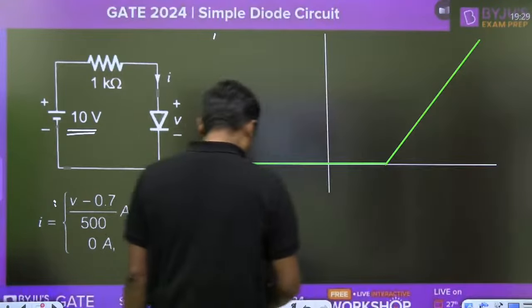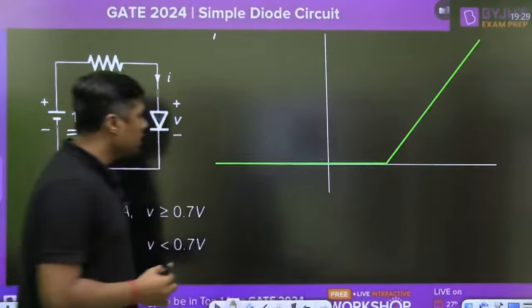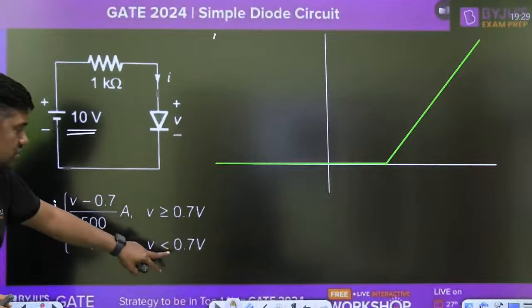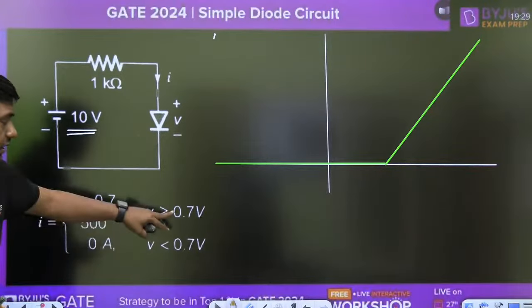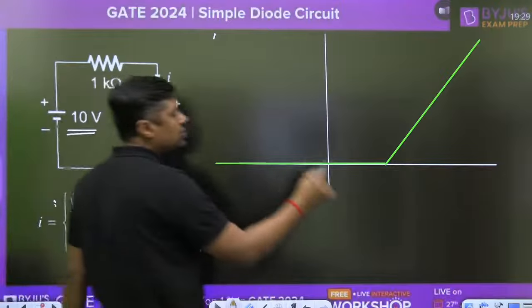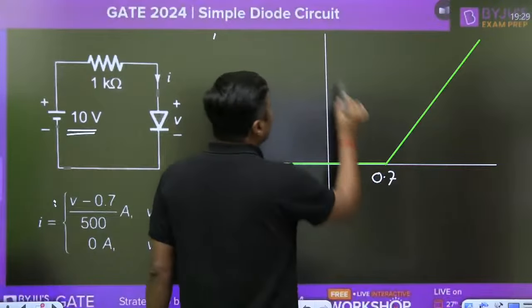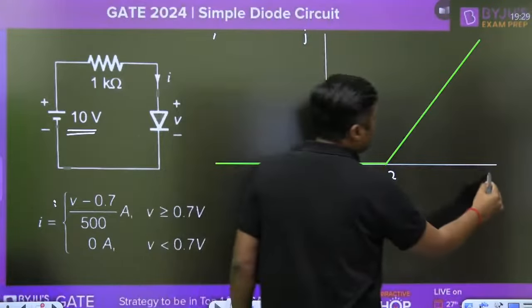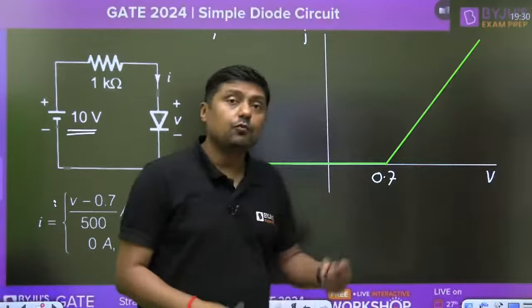This is called V gamma, the cut-in voltage, which is given in the question. If it is greater than 0.7, then it will follow this equation, and this is the I here and this is the V here.